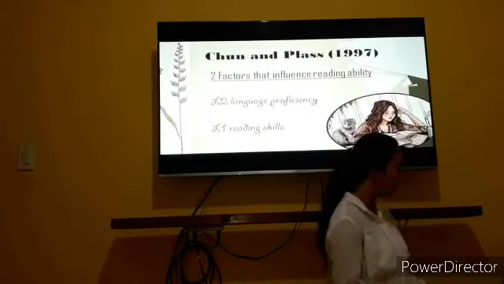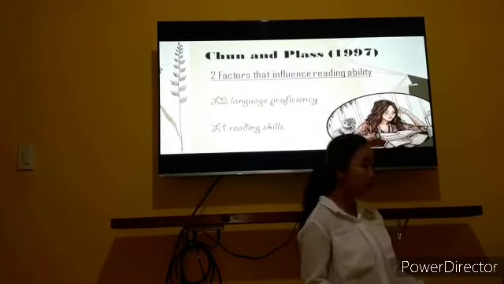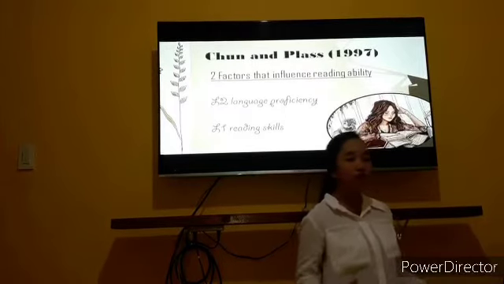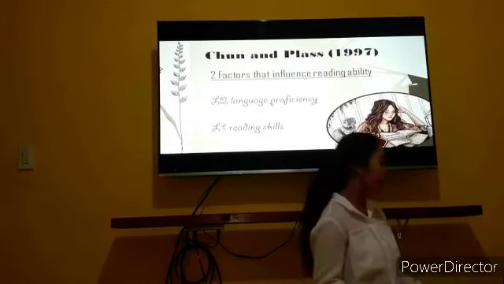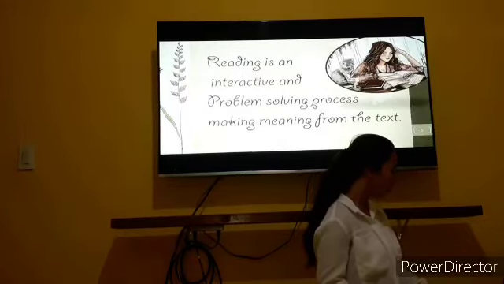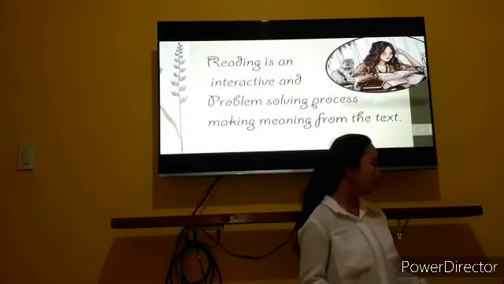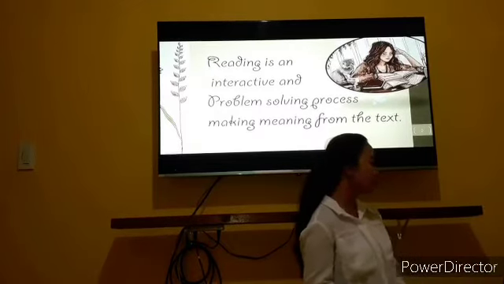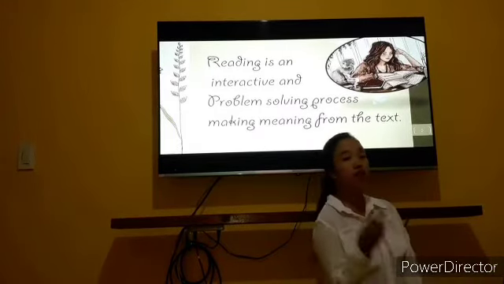Second is first language reading skills. Reading skills is all about the ability to read, comprehend, and understand. Next, reading is an interactive and problem-solving process of making meaning from the text, which means it is a two-way process.